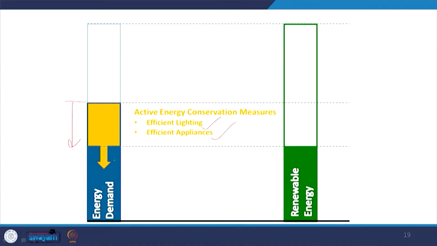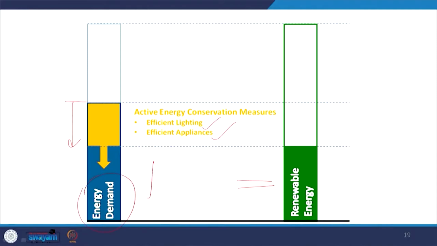Once we have reduced the energy demand substantially, only a small amount of renewable energy will need to be produced, and the overall proposition of net zero energy becomes much more feasible. So, it is a two-step process.